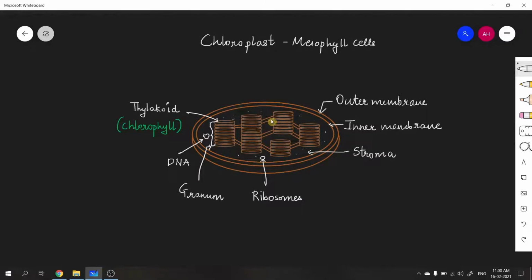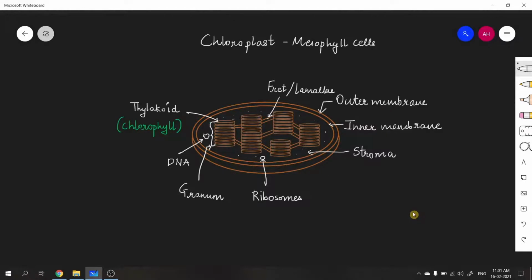There is an interconnecting bar between two grana. This interconnecting bar is called fret, or it is also called lamella or lamellae. So they are also called interconnecting lamellae or simply fret. They connect the two grana together. That is how the basic structure of chloroplast looks.